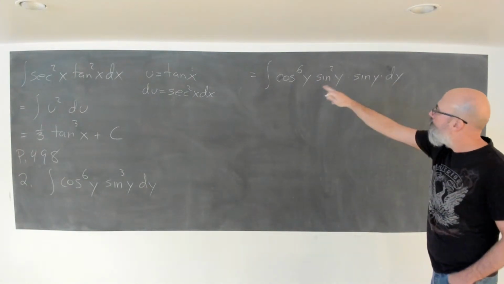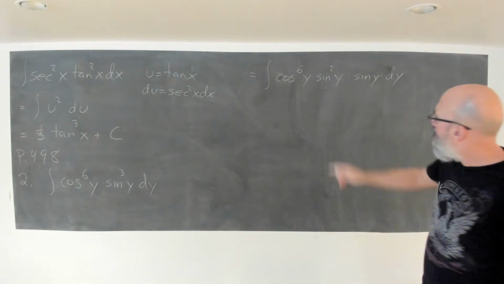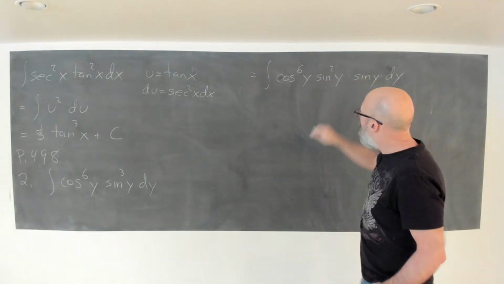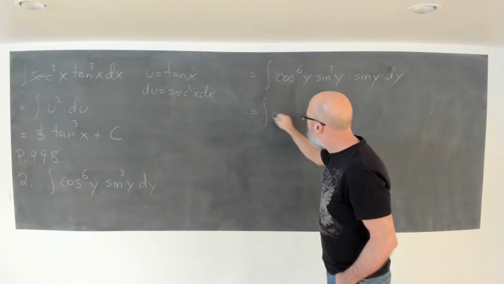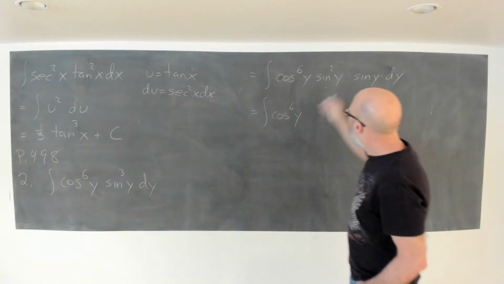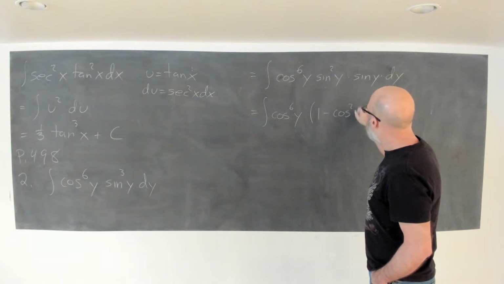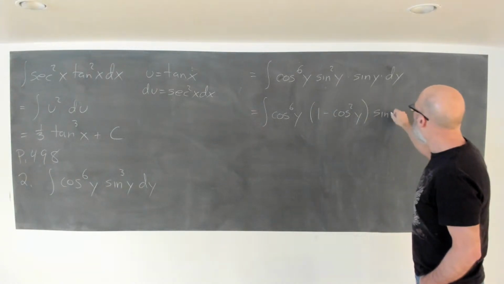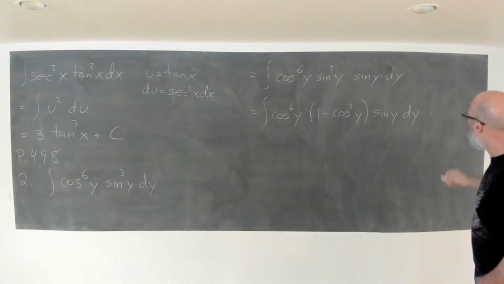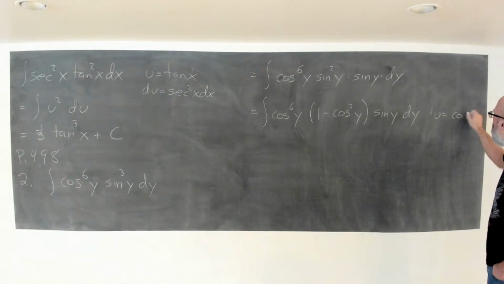A simple u substitution and you're good to go. This is very easily doable. This is 1 minus cosine squared. And now a simple u substitution does the trick.